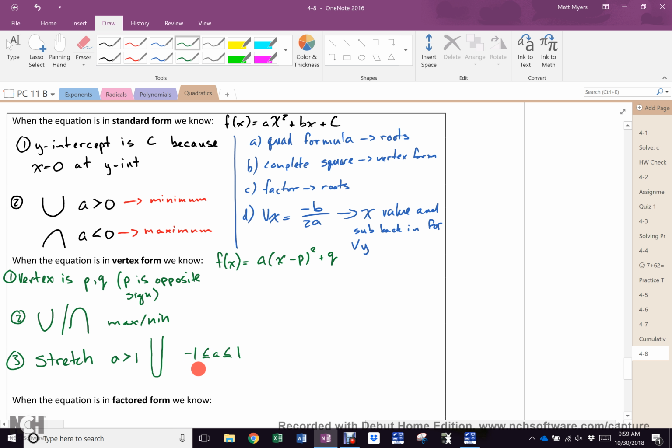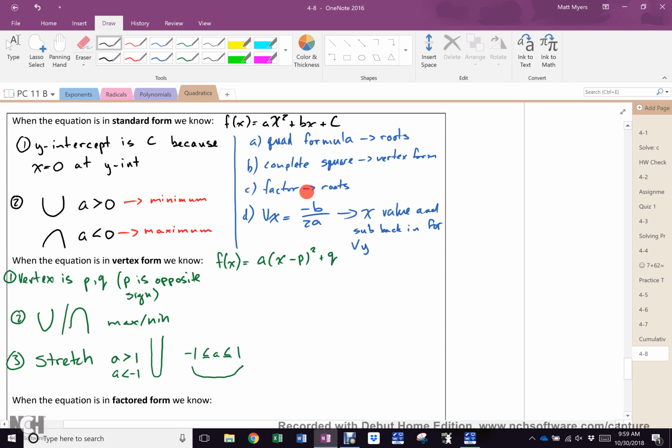Horizontally, it's going to do this. And if a is less than negative 1, it's going to stretch vertically. Does everybody understand that one? Because these are fractions, aren't they? But once I pass 0, or once I pass 1, I'm stretching. Yeah? Okay.